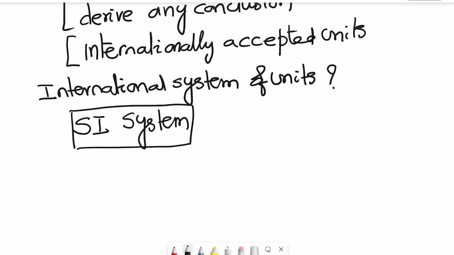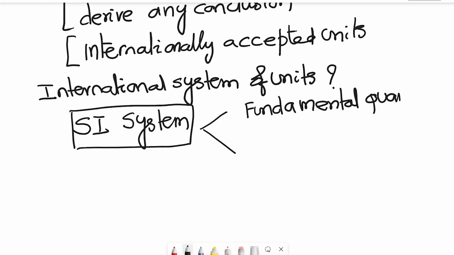According to the System International, any physical quantity is defined in two ways: fundamental quantities and derived quantities.